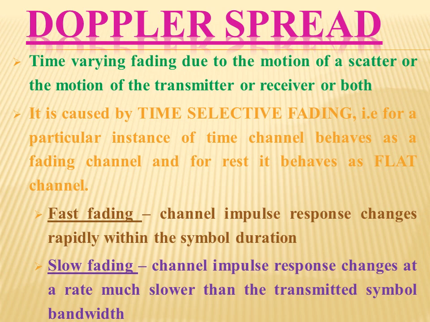Slow fading occurs when the channel response changes at a much slower rate than the transmitted symbol. So in fast fading, the signal bandwidth is less than the Doppler bandwidth. In slow fading, the signal bandwidth is greater than the Doppler bandwidth.